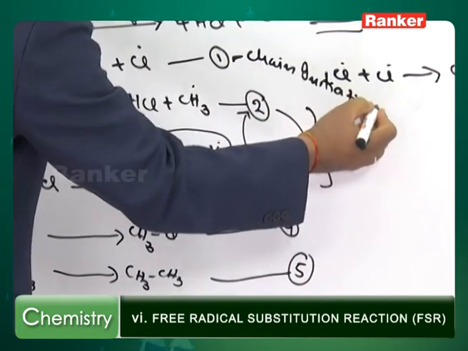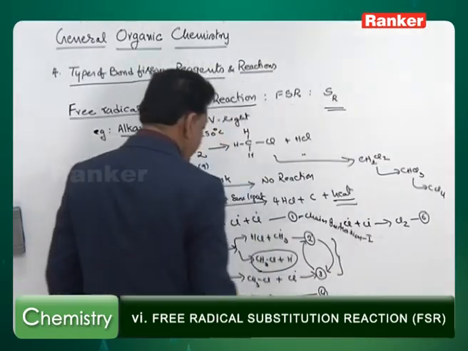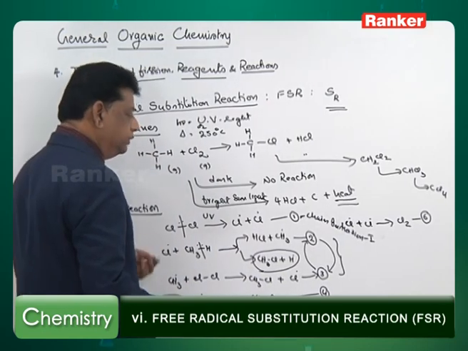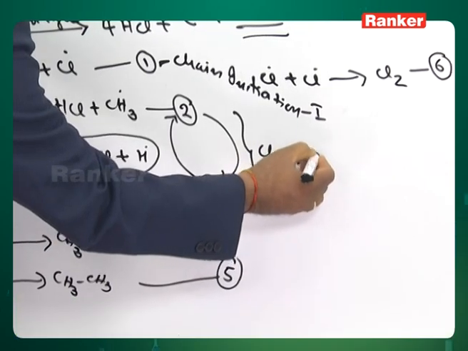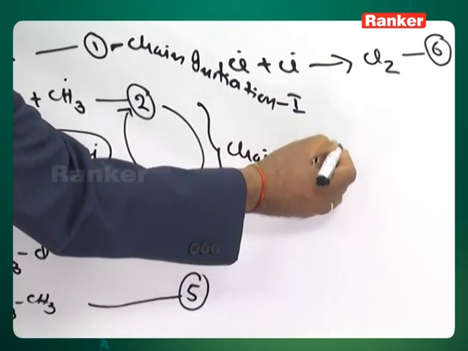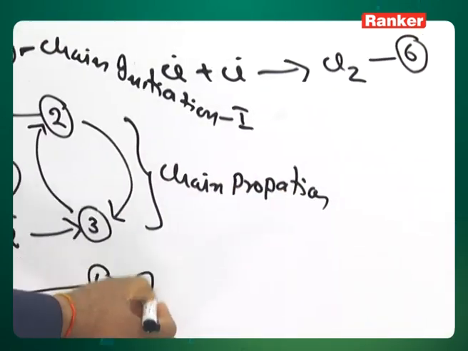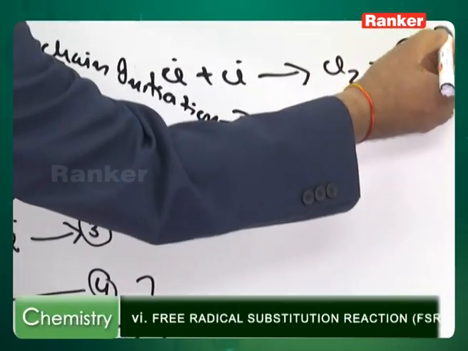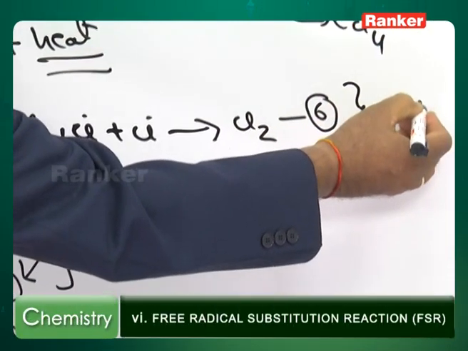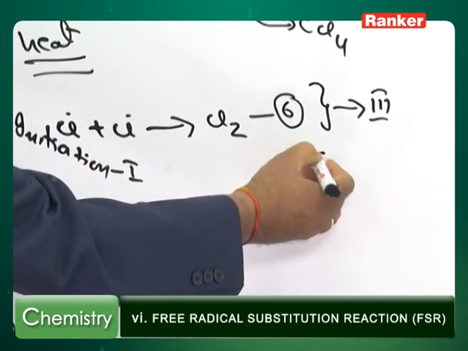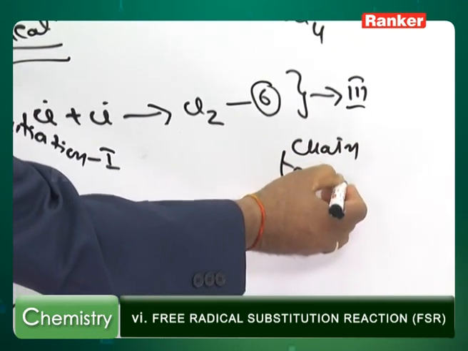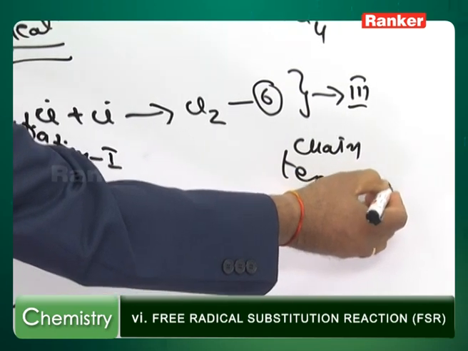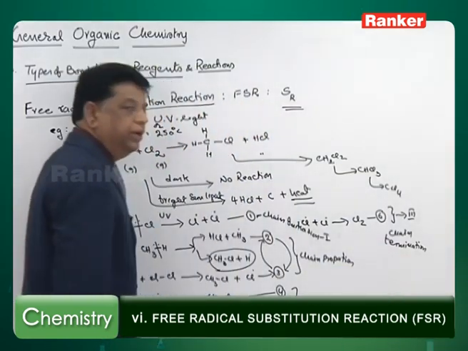So chain initiation is the first type, and 2 and 3 belong to the same type, which we call chain propagation. And 4, 5 and 6 together are called the third type of reaction, chain termination. What is termination? Termination means the reaction is coming to an end.